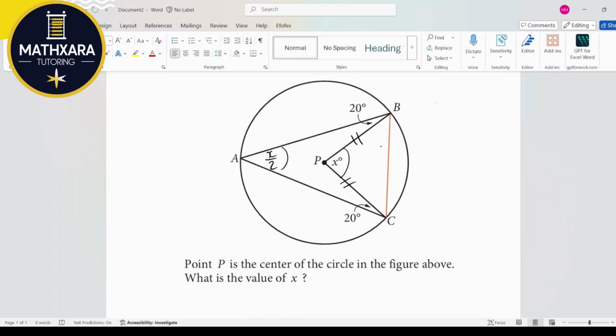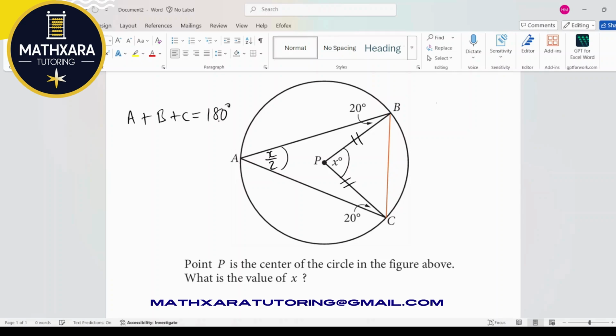Now, in order for us to find the value of x, we need to know that A plus B plus C is 180 degrees, which is the total sum of the angles in a triangle ABC, which means we need to find what angle B and what angle C are. Now, a part of angle B is 20 degrees. Similarly, a part of angle C is 20 degrees. We need to find what this angle is.